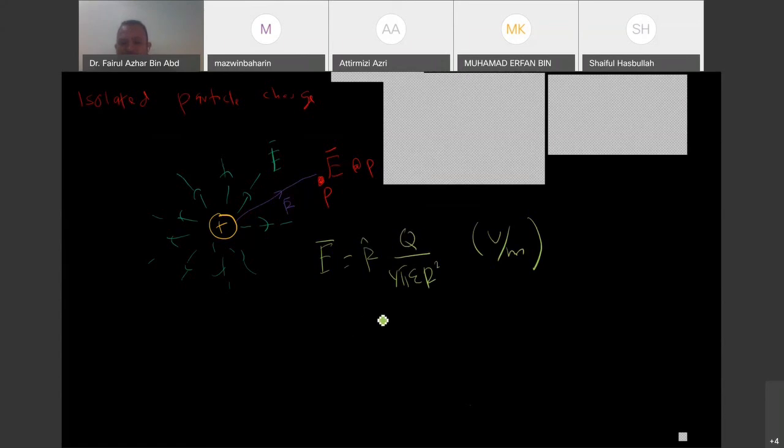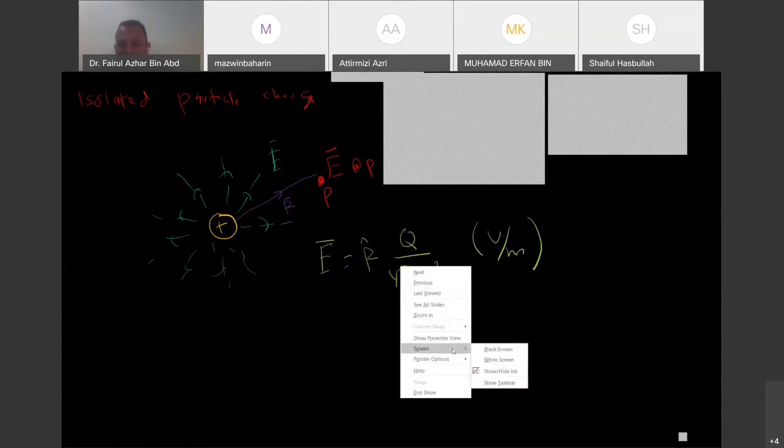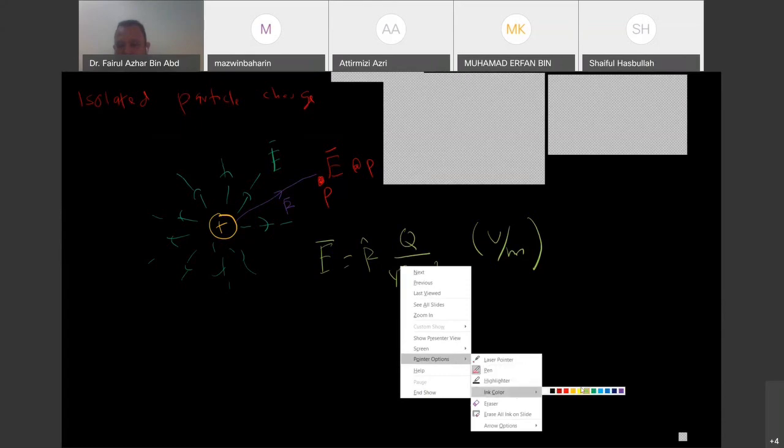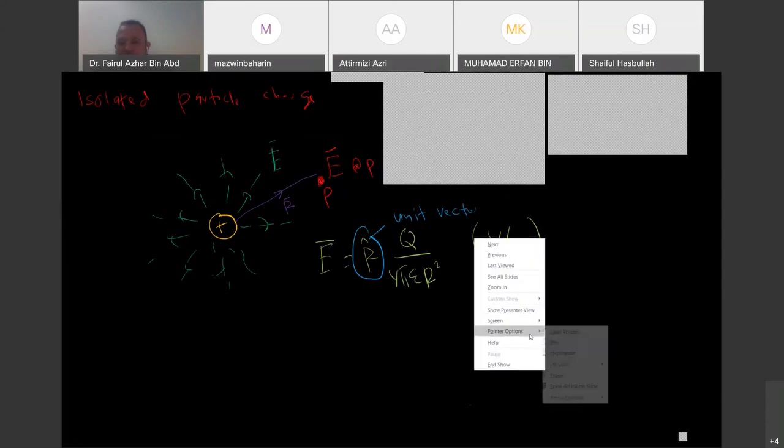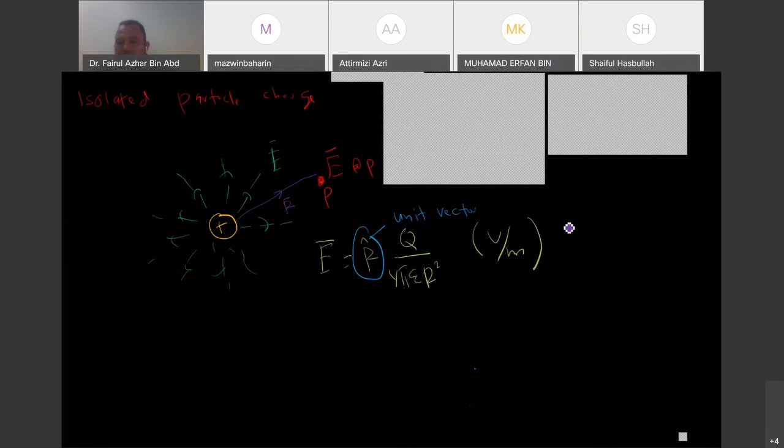Okay. Basically, from this expression, since this is the unit vector, the unit vector can be expanded into another expression. So the unit vector of R is equal to vector R divided by its amplitude. All right.